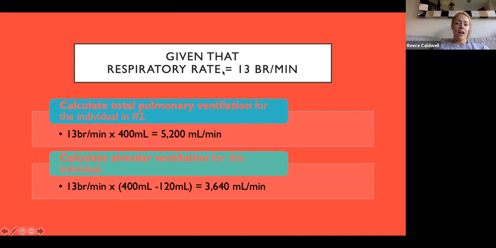So when we're given a respiratory rate of 13 breaths per minute, we can multiply that by tidal volume to get our total pulmonary ventilation. And then to calculate alveolar ventilation, we take that respiratory rate, multiply it by the tidal volume minus that dead space air, and that will give us our alveolar ventilation.